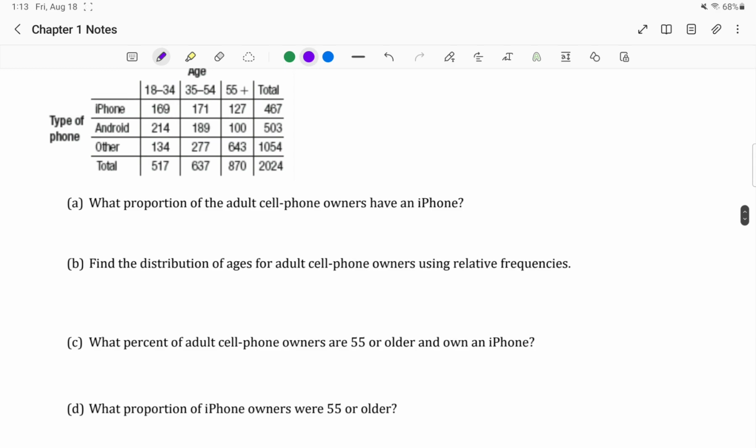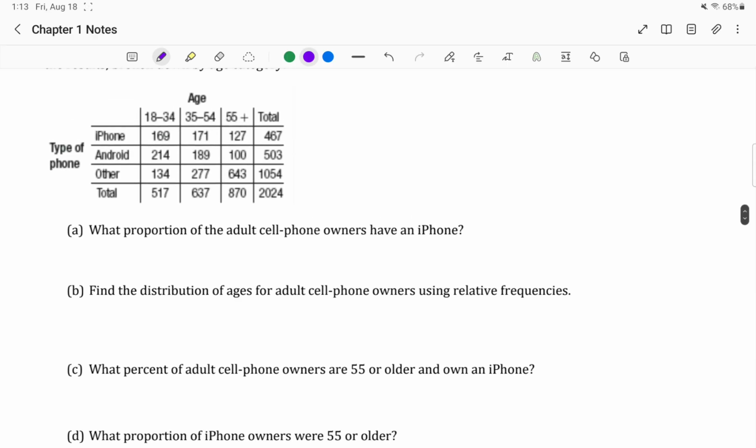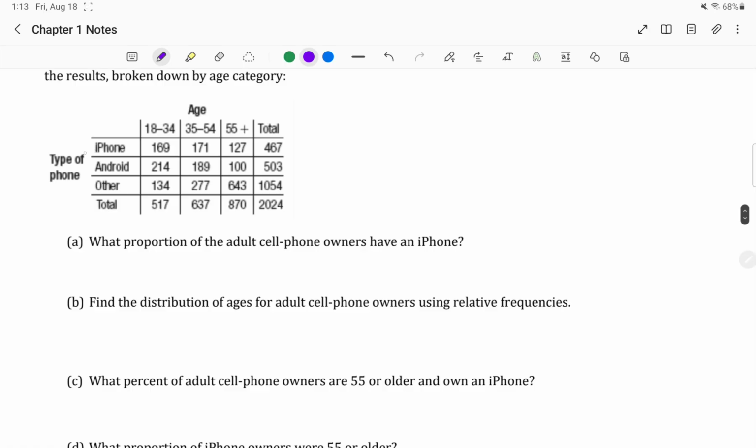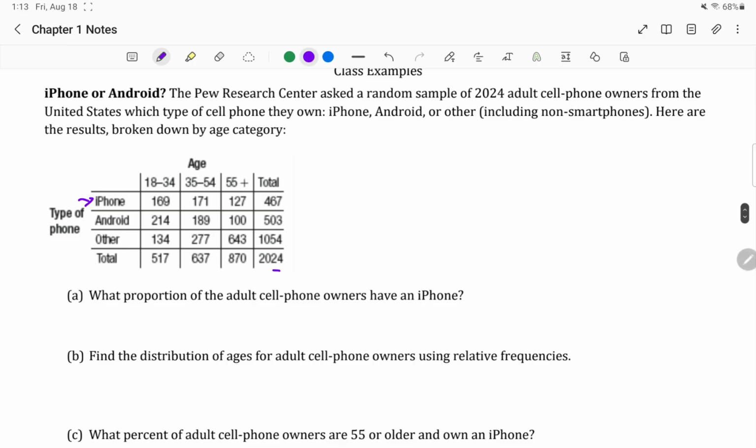Okay. A says, what proportion of the adult cell phone users have an iPhone? Well, here we're looking at iPhone, and it says adult cell phone users, so this is everybody, the whole thing. All of these people are iPhone users. So we have iPhone users over everybody.